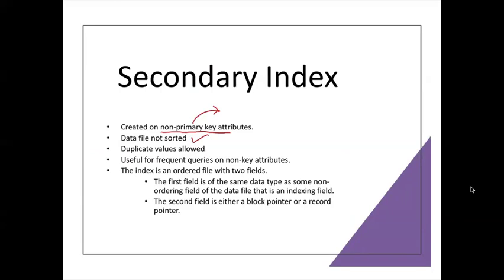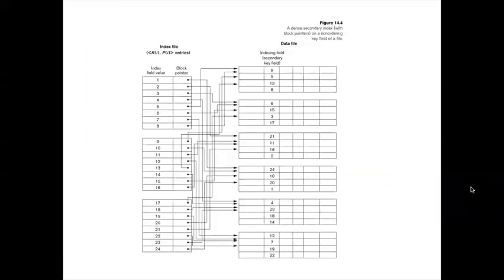And here the index again is an ordered file with two fields. What is the first field? The first field is of the same data type as some non-ordering field of the data file, that is an indexing field. And the second field is either a block pointer or a record pointer. Let's see here. Again, this is another diagram taken from the Al-Masri Nabati book.